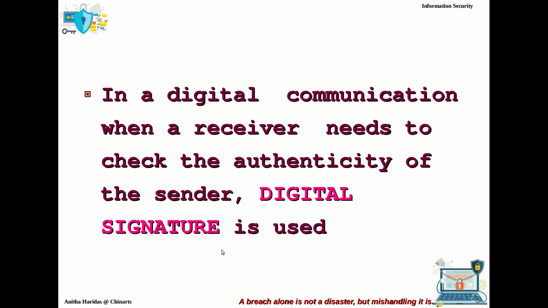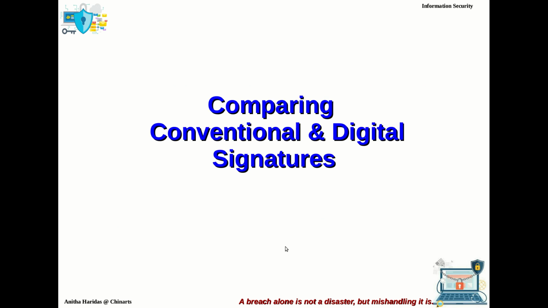So the digital signature is purely a public key crypto system, and if the receiver needs to check the authenticity of the sender, then the digital signature can be used. This is the purpose of the digital signature.